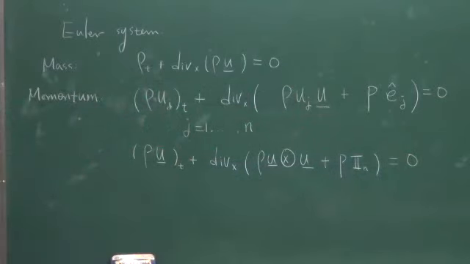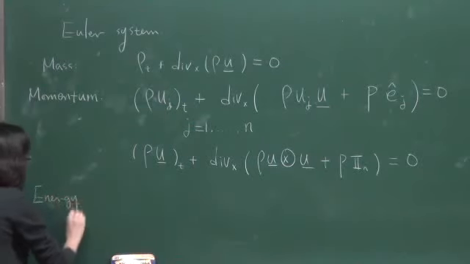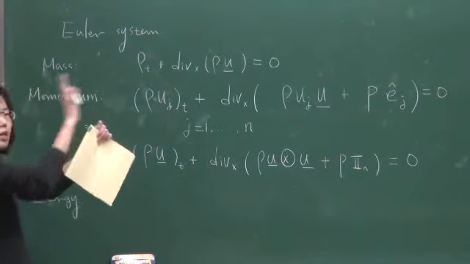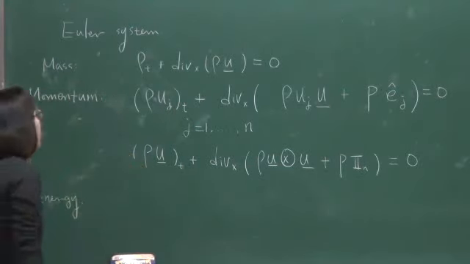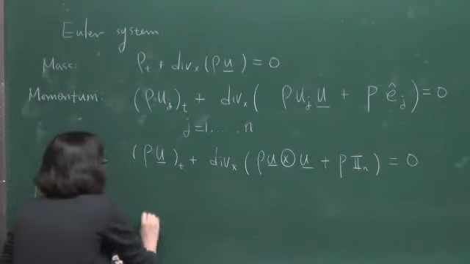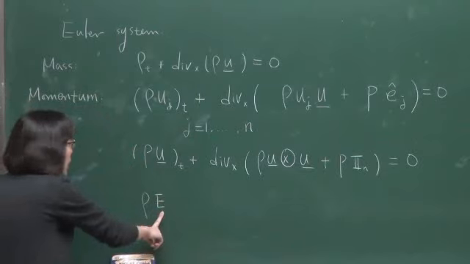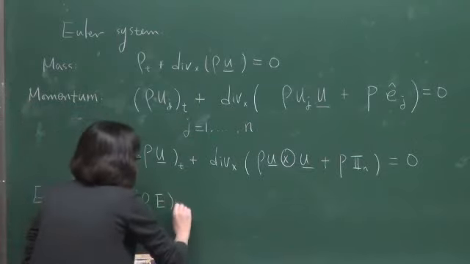Okay, now for the energy. I'm going to just write it down. For the energy density, you have basically kinetic energy plus additional energy, which we call internal energy. So here the energy is rho times E. I will tell you what E is in a minute. So this is energy conservation.